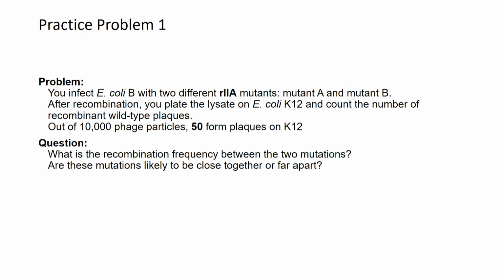And so, I will just show you this practical problem quickly so that we can see how you can solve the problem. The problem is that we infect the E. coli with two different strains of R2A mutant, right. So, this is mutant A and mutant B. After recombination, you bring A and B together, you plate it on E. coli 12 and you count the number of recombinant plaques.